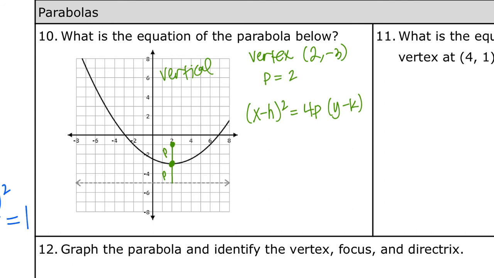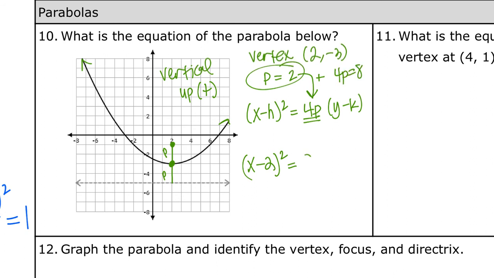The other thing to point out is that this parabola is pointing up. I know there's no arrows, but it is opening up. So that means that this 4p right here is going to be positive. So if I just plug everything in, (x - 2) squared equals 4p. We know that p is 2, so 4p would be 8. (y + 3).